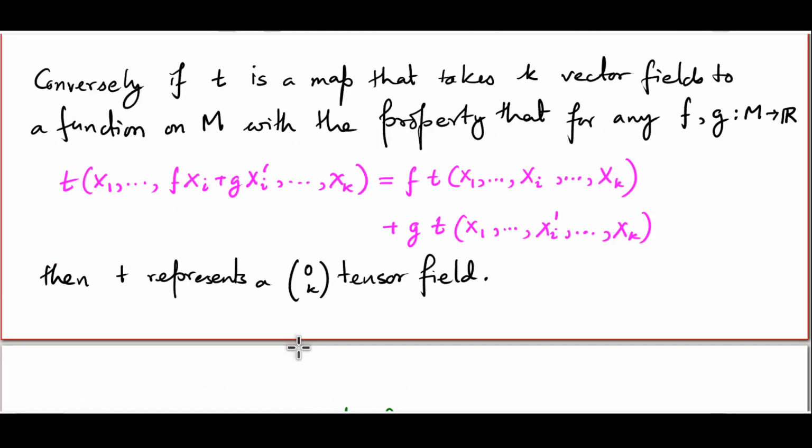It's actually pretty trivial to prove this. All that you have to do is essentially show that the demand that Tp acting on x1p through xkp provides a multilinear map from k tangent vectors to a real number are equivalent statements.